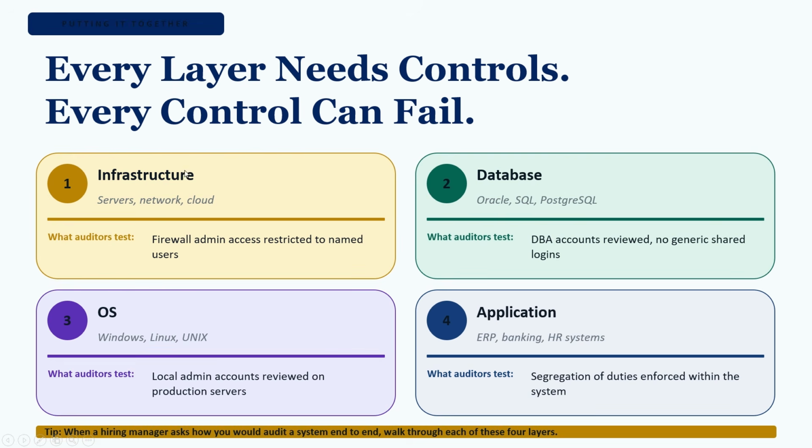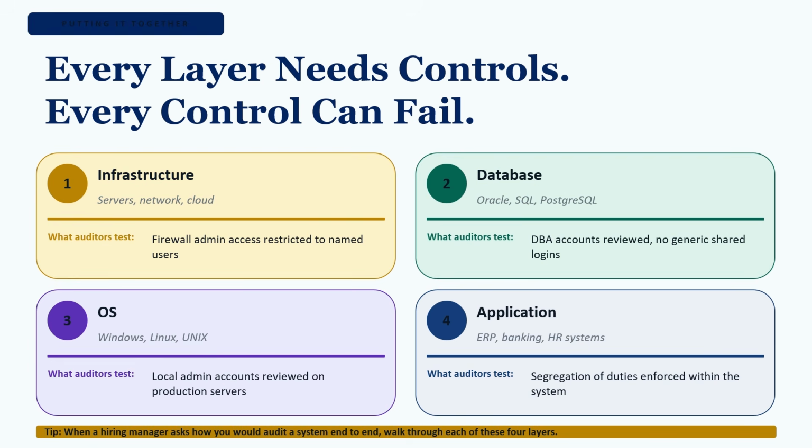Now, bringing every one of these together, I want you to understand this with this framework in your head: every layer needs control, and every control can fail at these different layers. So infrastructure is your foundation. That's the servers, the network.